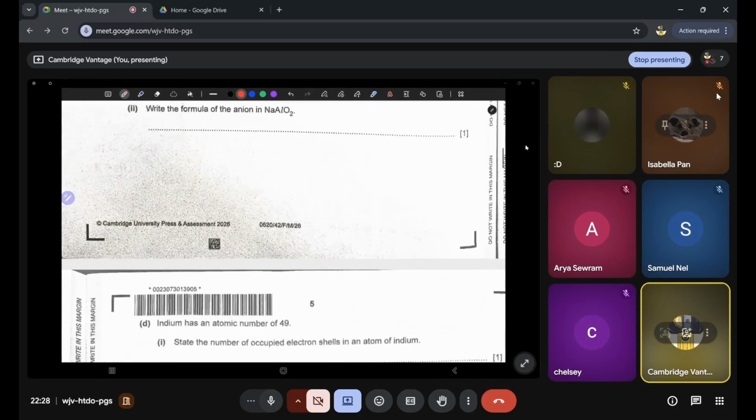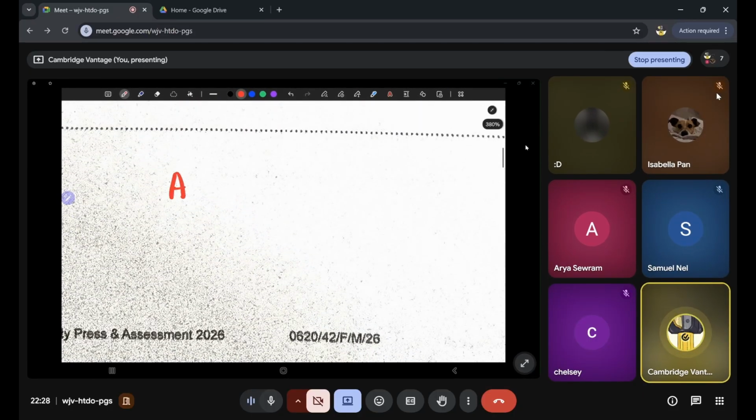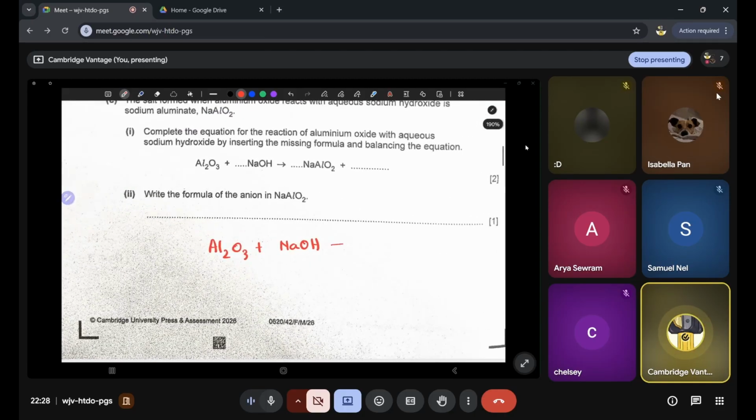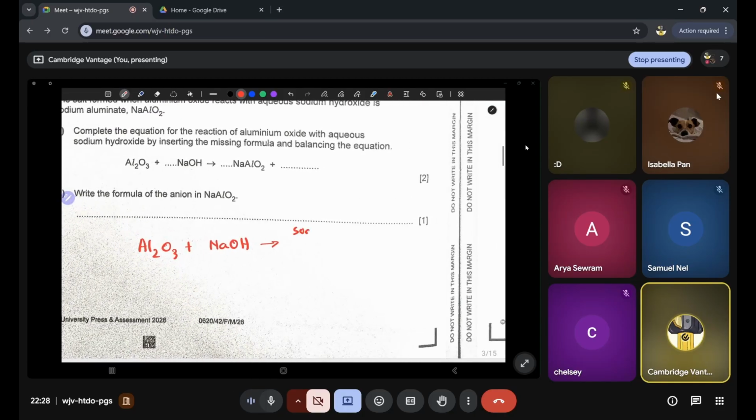For example, let's consider Al2O3 and NaOH. The product of this reaction is called sodium aluminate. It is something like NaAl(OH)4, and you'd have to balance it out afterwards.